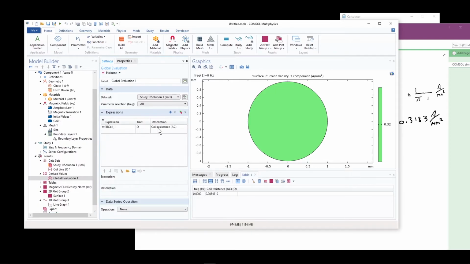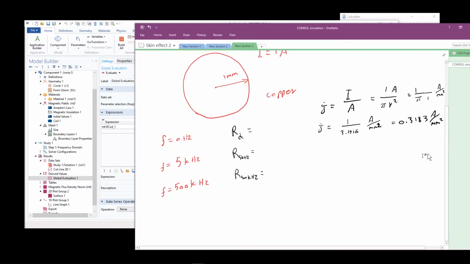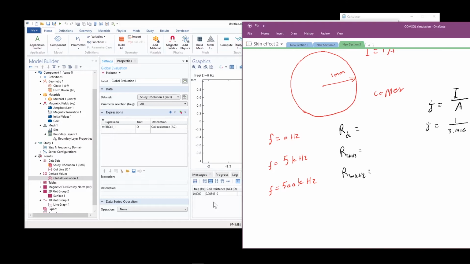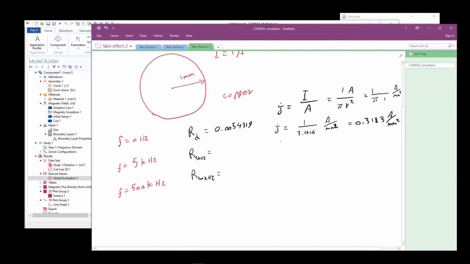So if we evaluate this one, so we see that AC resistance, in this case frequency is 0. AC resistance is actually this much, 0.00054319.